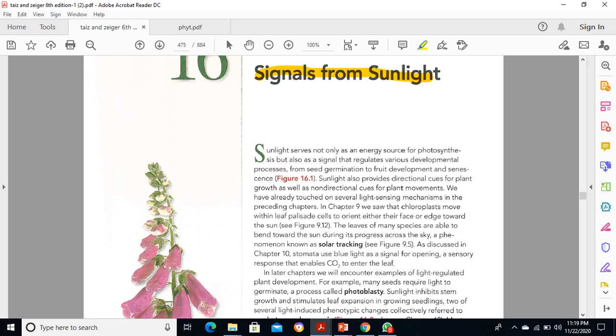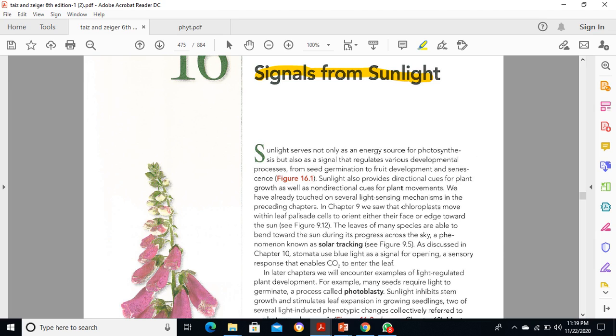This is a simple definition you learn from lower classes itself. In photosynthesis, sunlight acts as an energy source, isn't it? As light energy for water splitting, for electron excitation from one complex to another. So they act as an energy source.